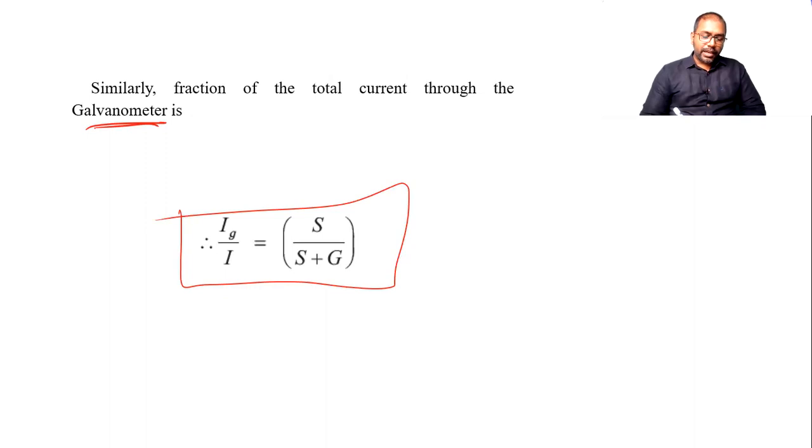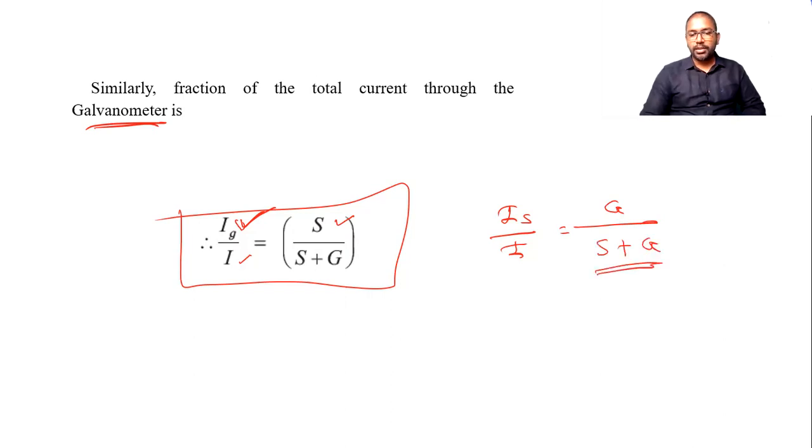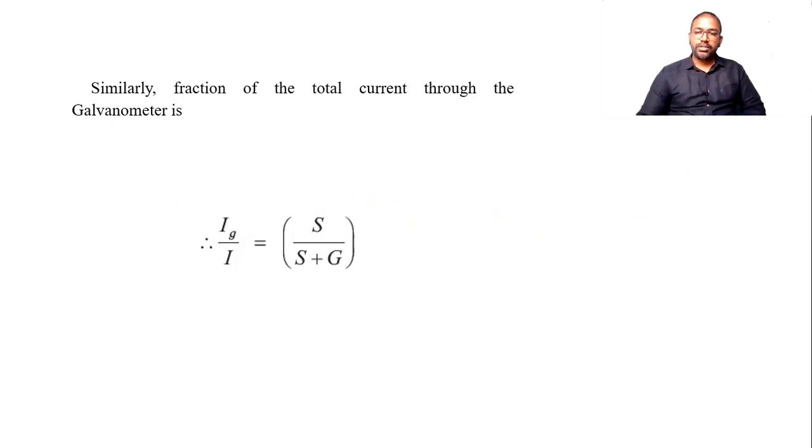Remember, if it is IG by I, then S is on top; if it is IS by I, then G is on top, G upon S plus G. The part S plus G is common in both formulas. Anyhow, you have to remember these two formulas for the fraction of current passing through the galvanometer and the shunt.